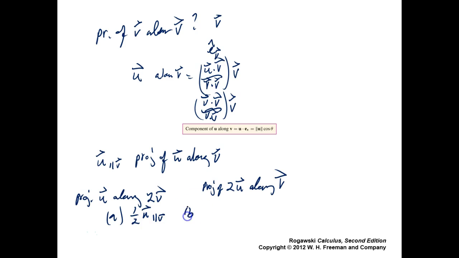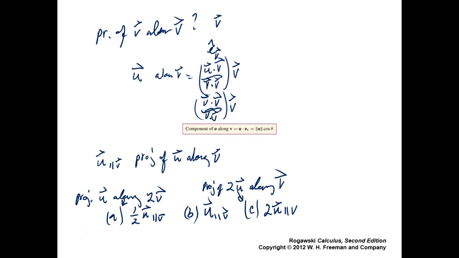Agreed. U projected on V, that's just U along V. That's the same thing. And C was 2U along V. Okay. That's all that we're asking. Right. This is A, that's C. Okay?